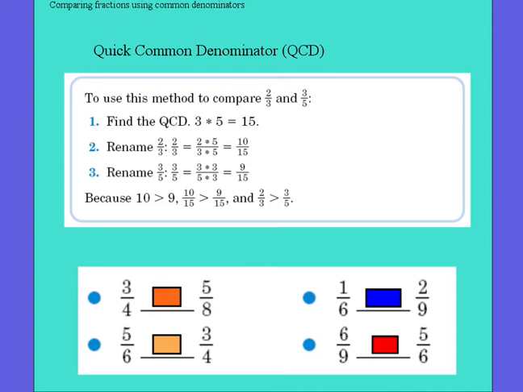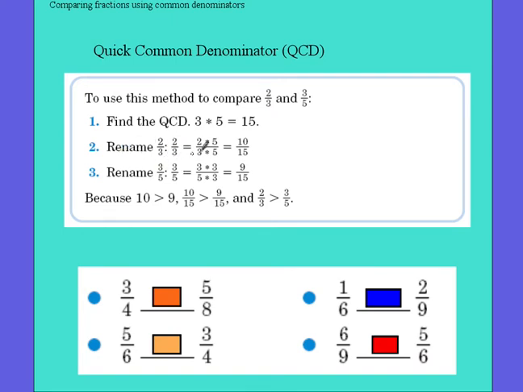Here's an example again of that quick common denominator. If I was looking at the numbers 2/3 and 3/5, I would multiply my denominator of 3 by the denominator of 5, so 3 times 5 is 15ths, and then I need to rename with equivalent fractions.